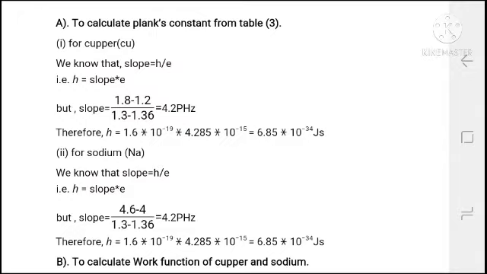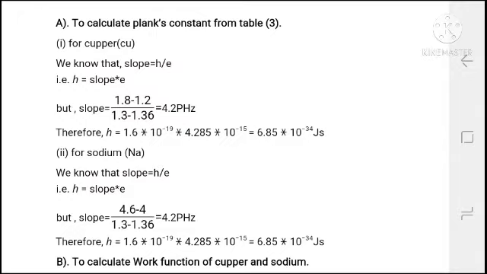Then we can find the slope from graph 3; we get the slope equal to 4.2 petahertz. Therefore, we can easily obtain the Planck constant: Planck constant is equal to slope into electron charge.